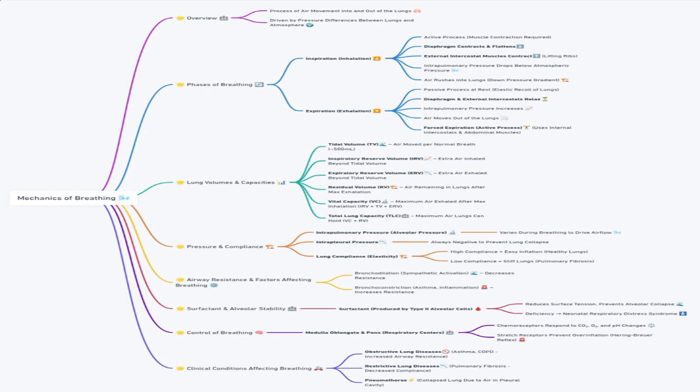With its impact on hemodynamics, negative pressure ventilation less affects the venous return and cardiac output, but positive pressure ventilation can reduce venous return, lowering the cardiac output and potentially causing hypotension.